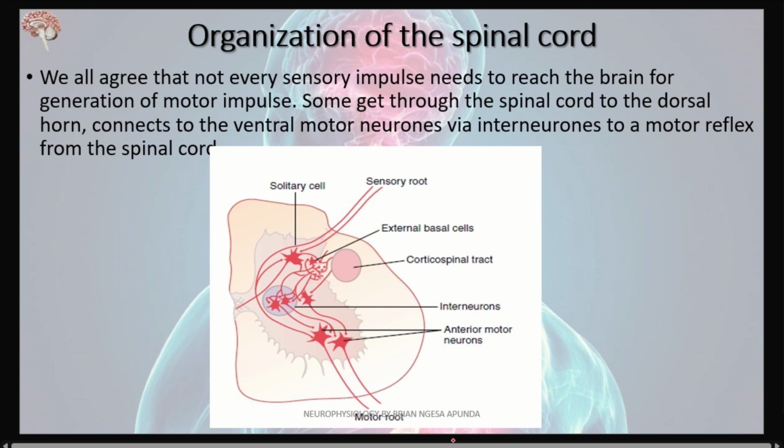So assume we have the sensory nerves getting into the sensory root as it advances through the spinal cord. They give the spinal cord information about the position of the muscles, basically a change in tone and a change in length.